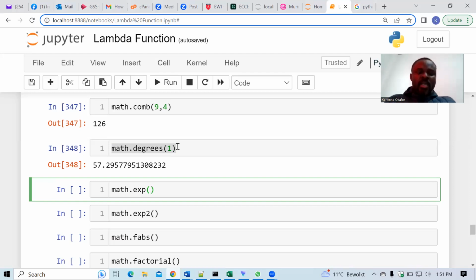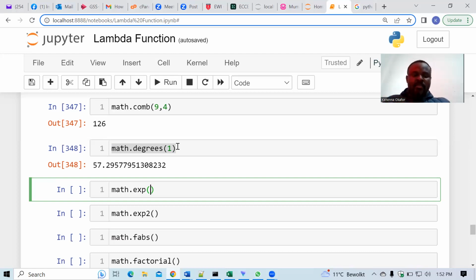Okay, so the EXP, what does it do here? This takes the base of the natural logarithm of a number and returns its value raised to the power of the given argument.